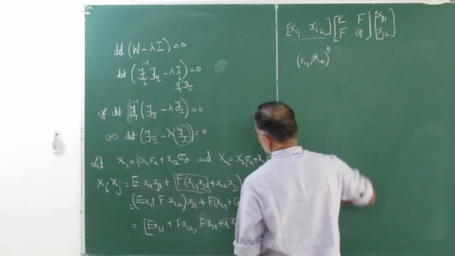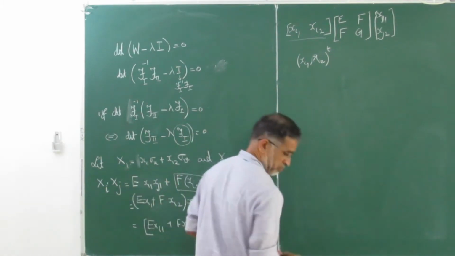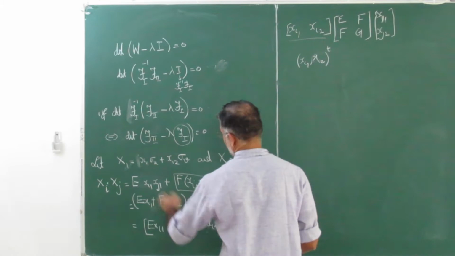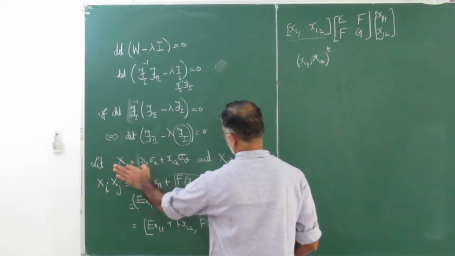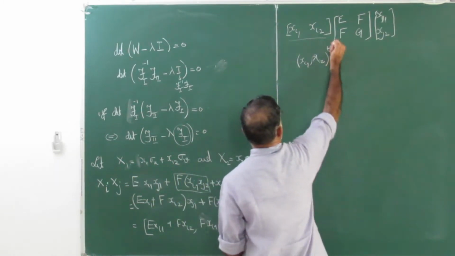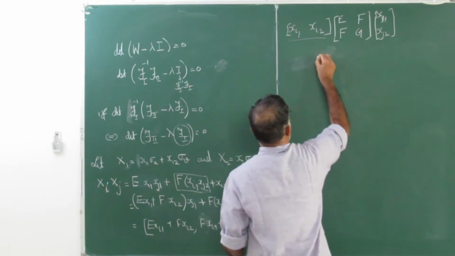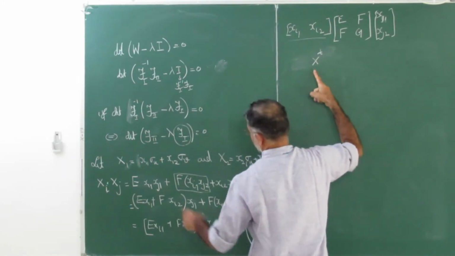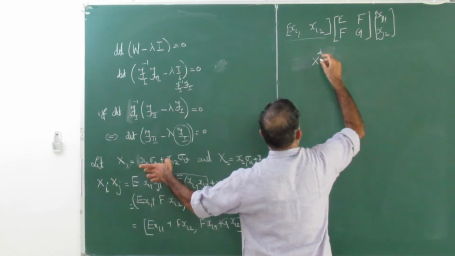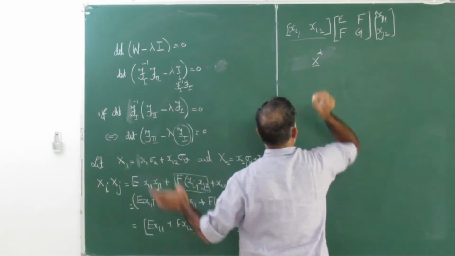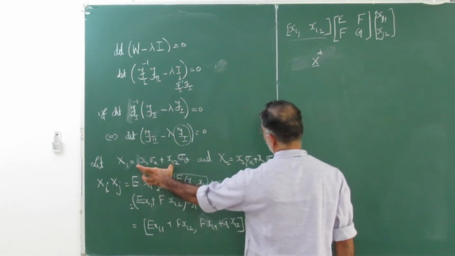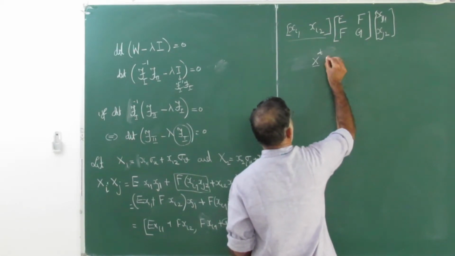So I would write x transpose, or x with a line, which is the same as just writing the vector notation.